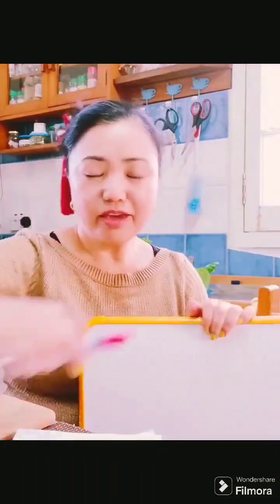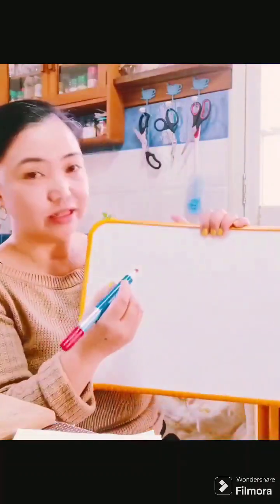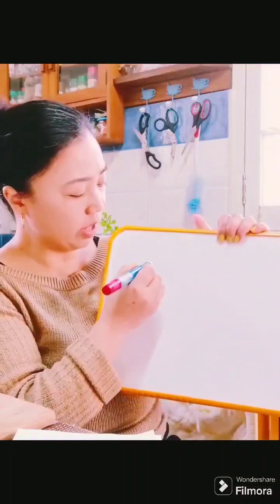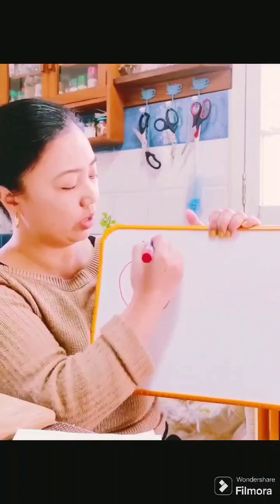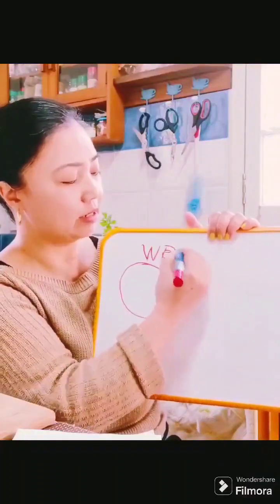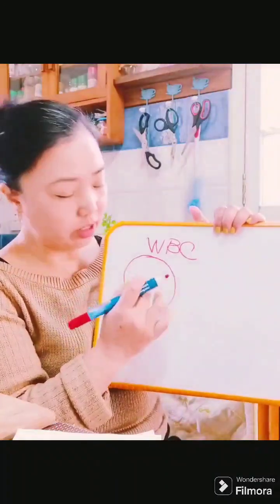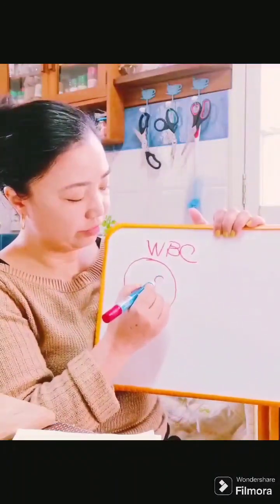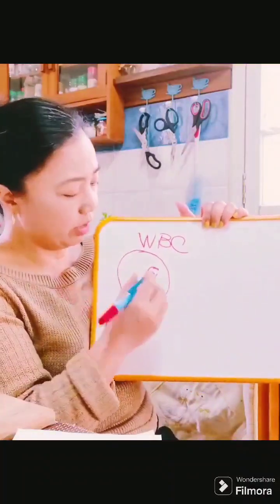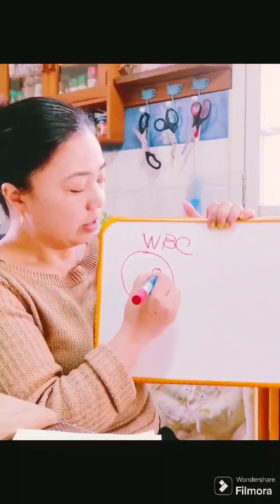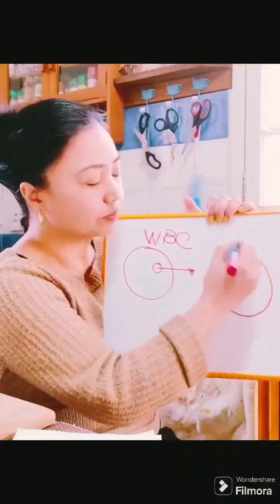Now, let me just illustrate a bit. For example, we have here the cell. So it is a white blood cell. Then somewhere here, we have the nucleus. Okay? In this nucleus, I'm going to make it a bit bigger.